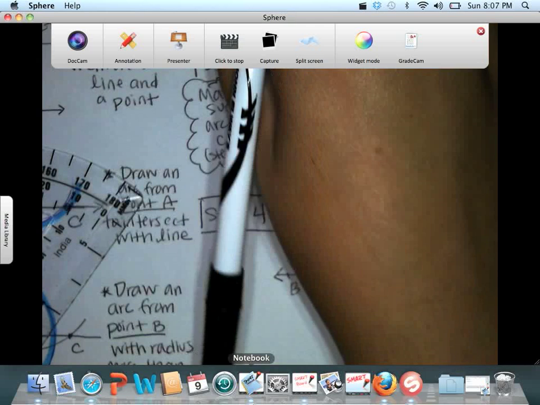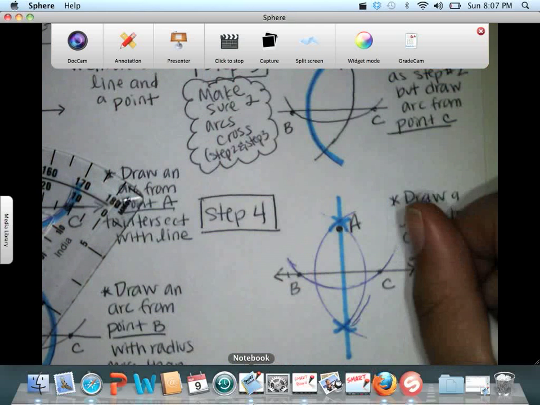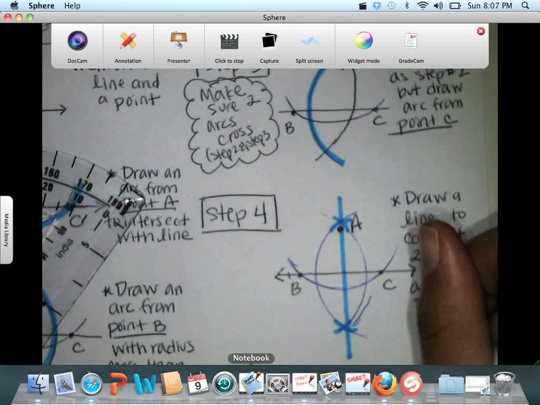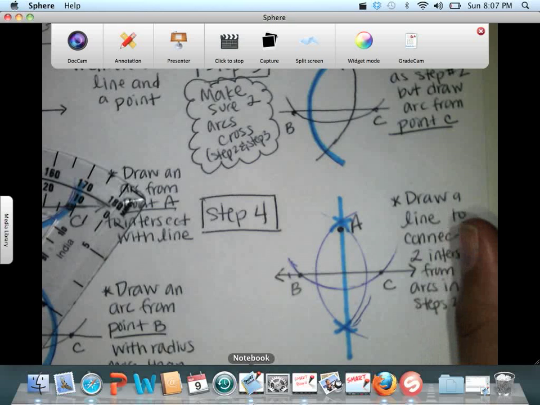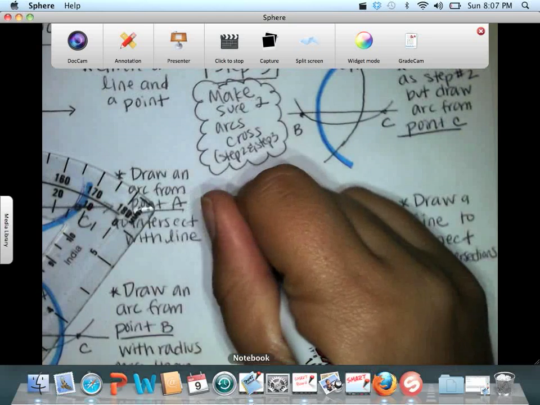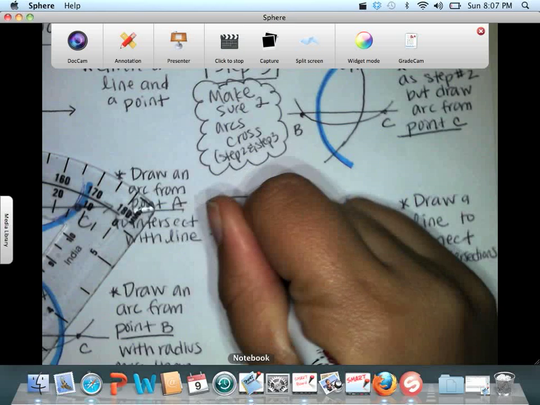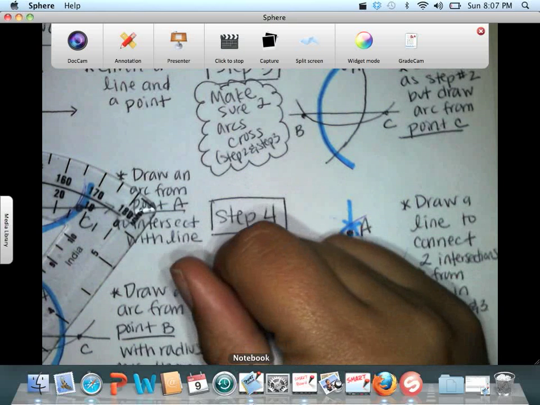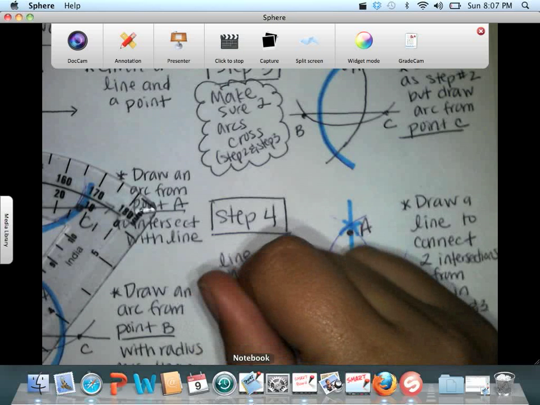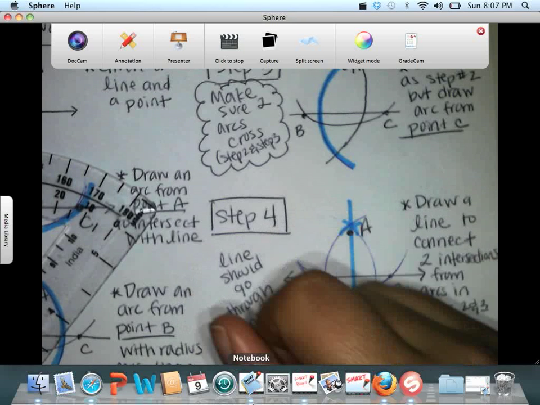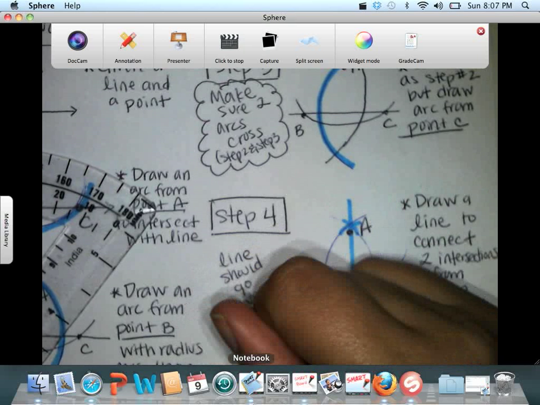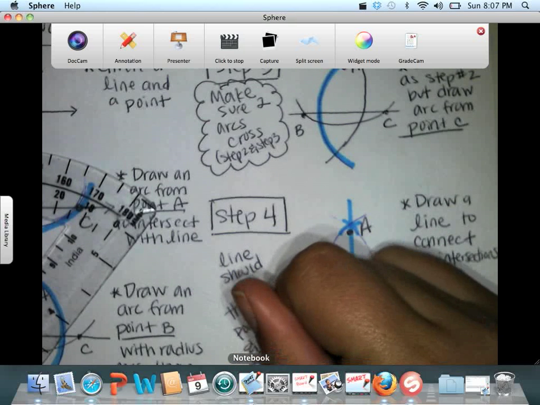Draw a line to connect 2 intersections from arcs in steps 2 and 3. Okay, and line should go through point A and create 90-degree angles.